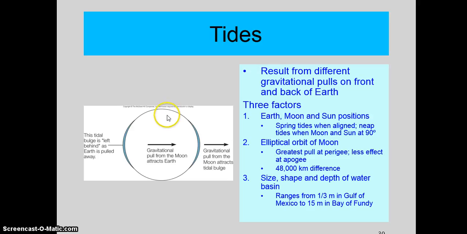The difference between a low tide and a high tide, when it's neap tide, is going to be the smallest difference. And the differences can be just a few meters. It depends on where you are on the Earth, and it also depends on what's surrounding the waters.